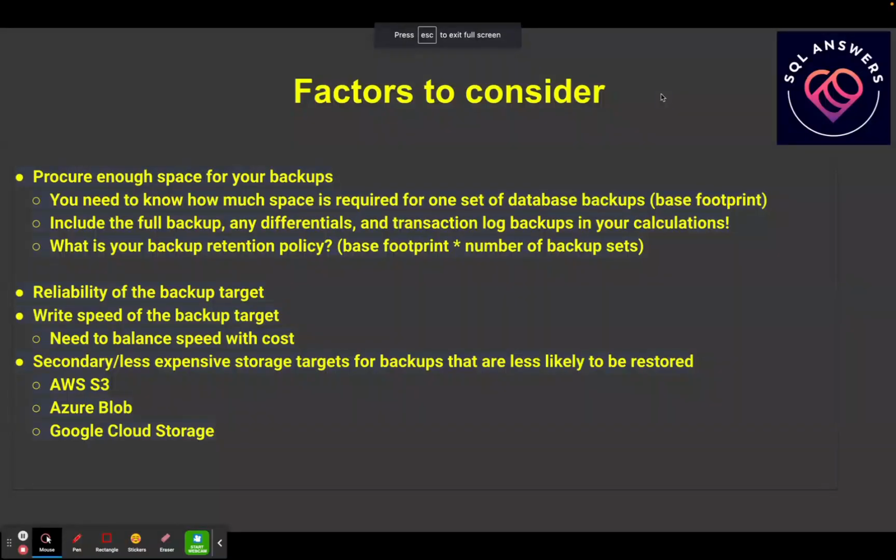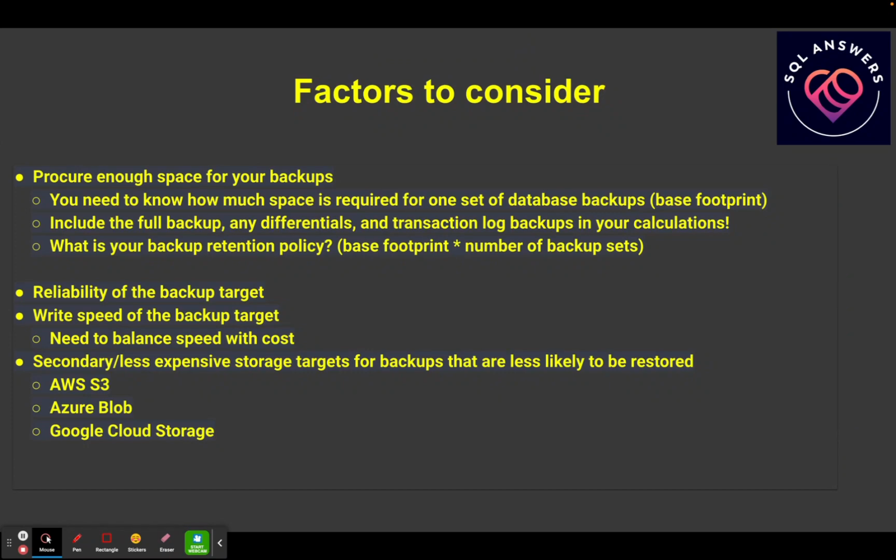So let's talk about some factors to consider. You need to procure enough disk space for your backups. You need to make sure you have enough disk space for at least your base footprint, which is basically the amount of space required for your full backup. But you also have to include any differentials that you might be taking in between your fulls, as well as any transaction log backups, and include all that in your calculations.